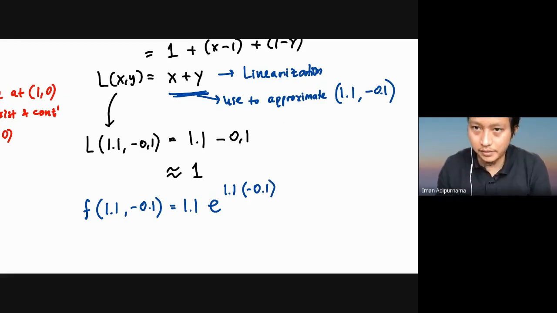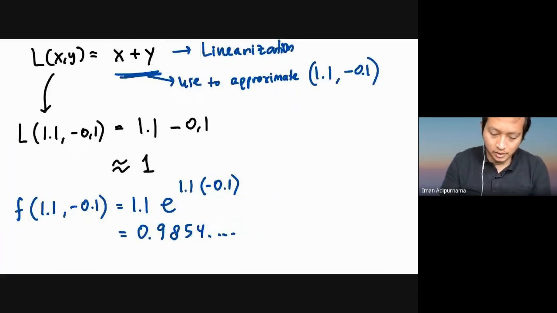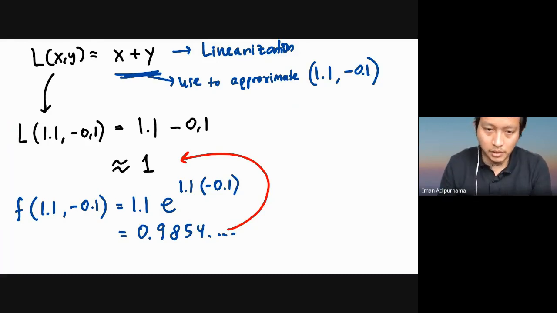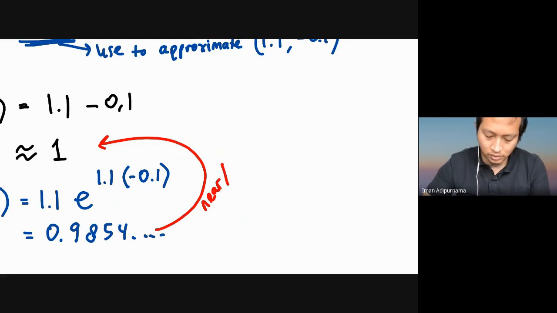If you have a calculator on you, you can check. This should be equal to 0.9854, right? And if we compare with our approximation, which is 1, if we don't really care about accuracy, I think it's quite near. It approximates the value.